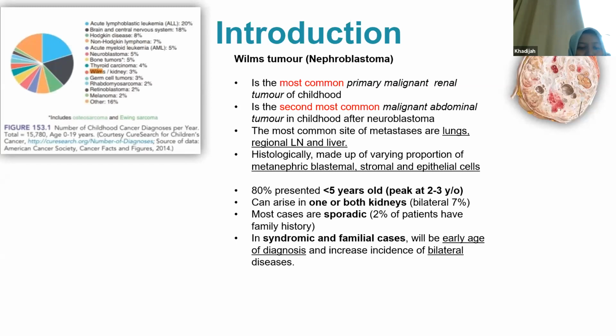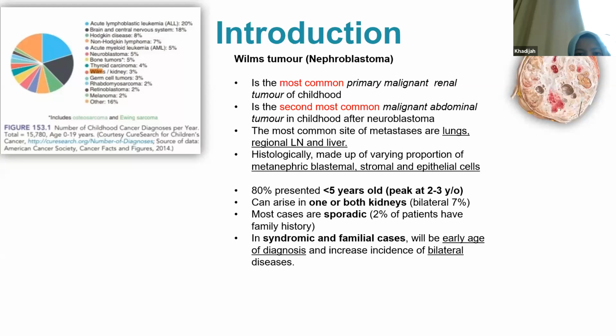Okay, as you see in this diagram, of the malignant diseases in childhood, the most common is hematological malignancy, followed by brain malignancy, and in renal per se, Wilms tumor is the most common.